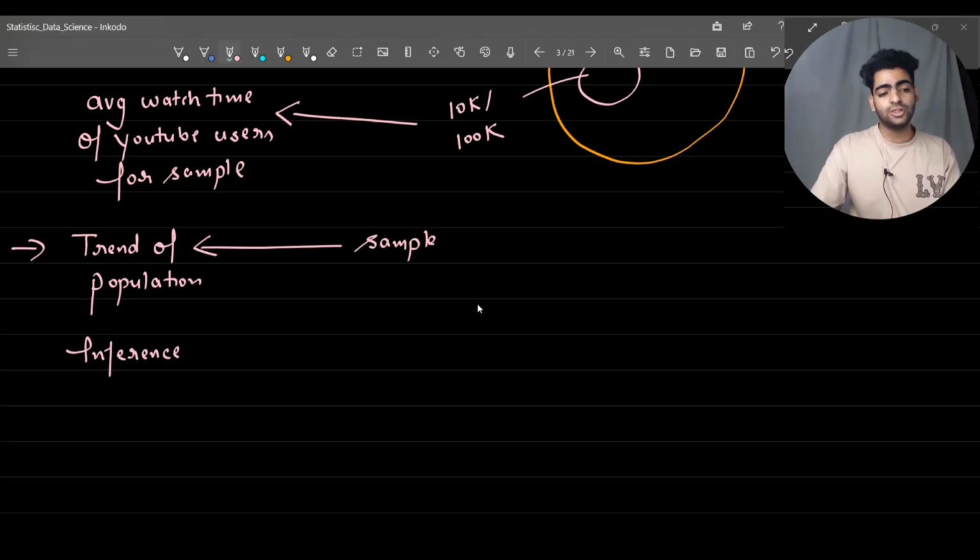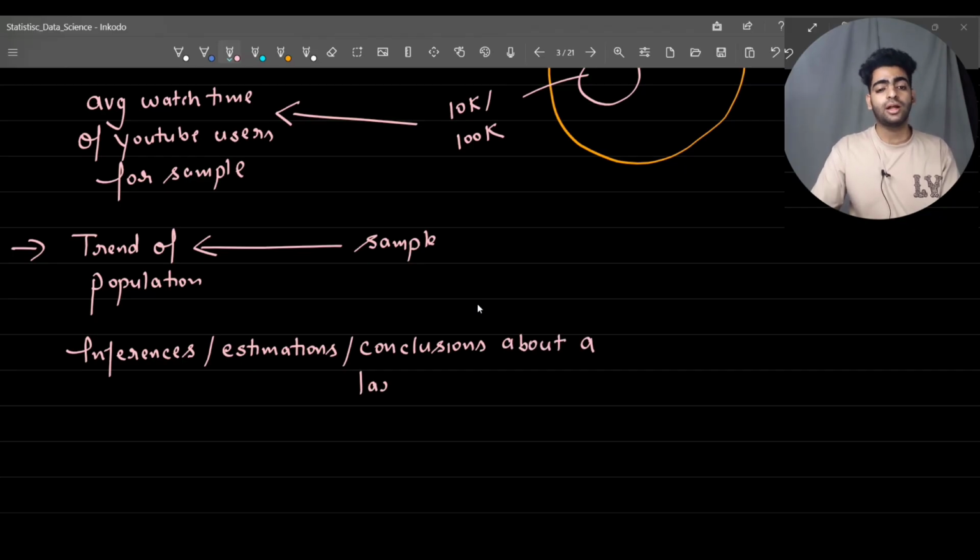You are trying to make inferences, estimations, or conclusions, whatever you call them, about a larger population from the sample of data you have. That's what inferential statistics is.